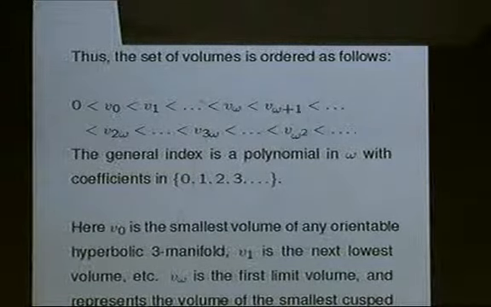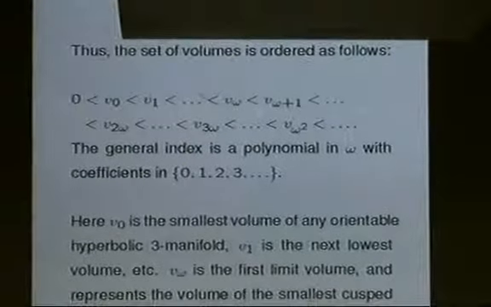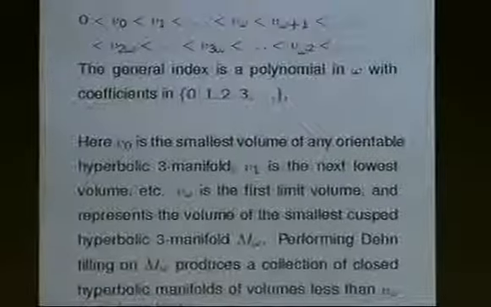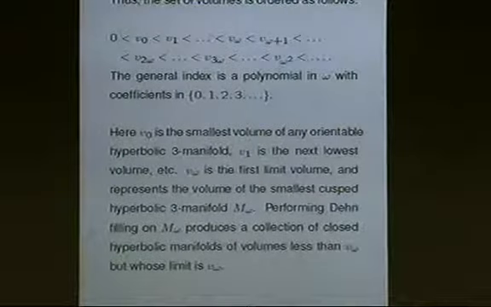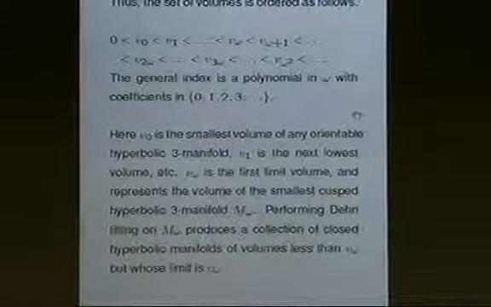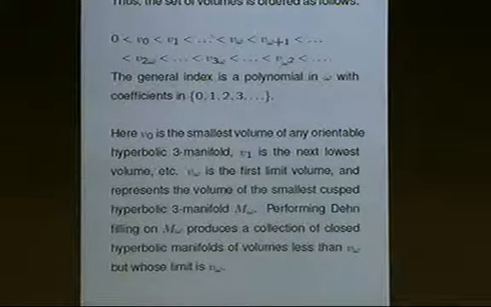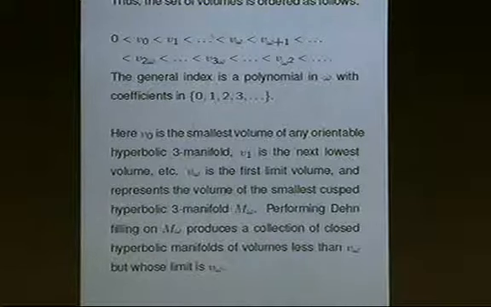So you go through all the integers here, and then you get an accumulation point. So you get a first kind of limit point, V omega. It's a limit of all the volumes below this point. Then you go up, there's a next volume, V omega plus 1, then V omega plus 2. And eventually you get to another accumulation point, which is V2 omega.